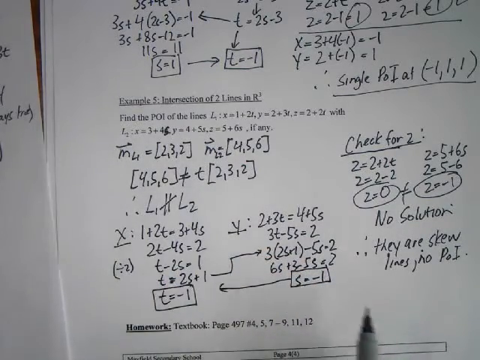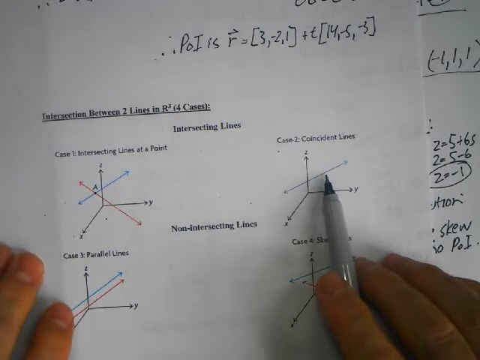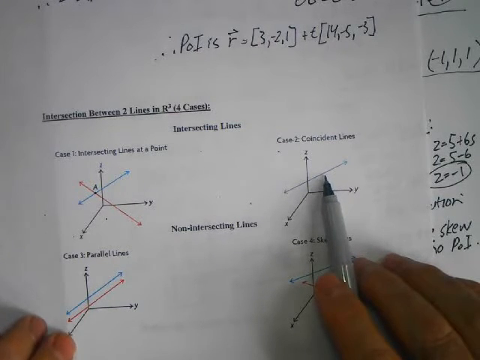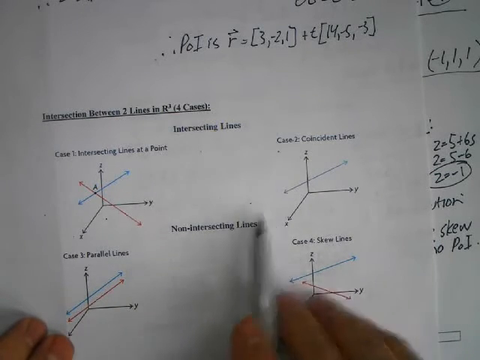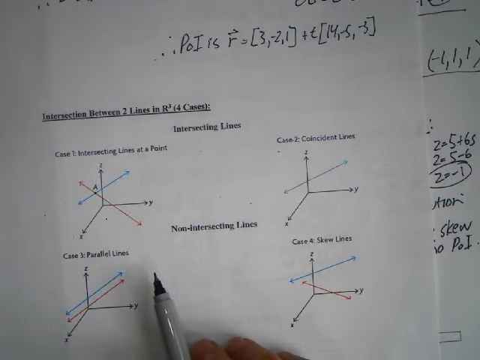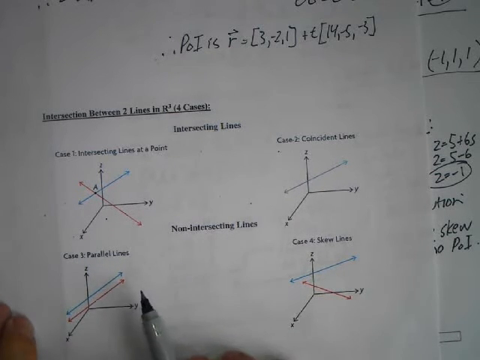If you can't take a point on one line and show that it's on the other, it would be case 3. So we didn't really have to do these. You're just looking at find that they're parallel and then see if there's a common point on either one. Okay, so that kind of wraps up our vectors portion.